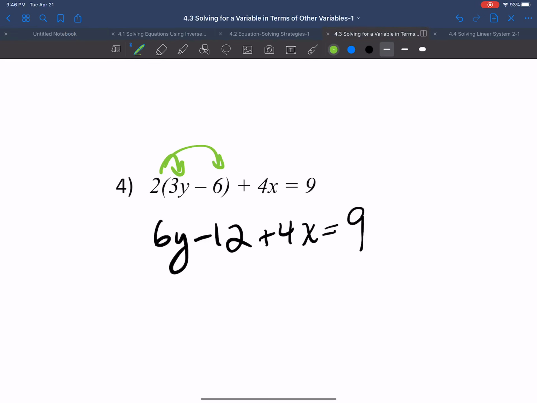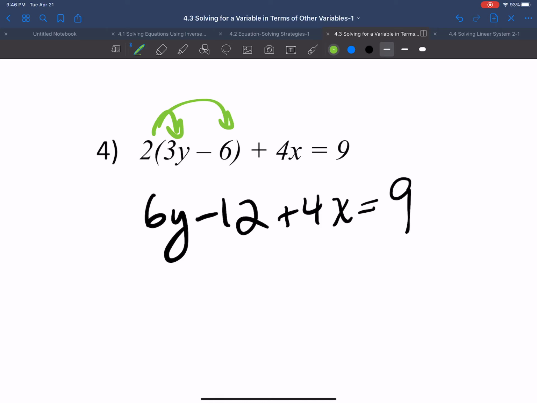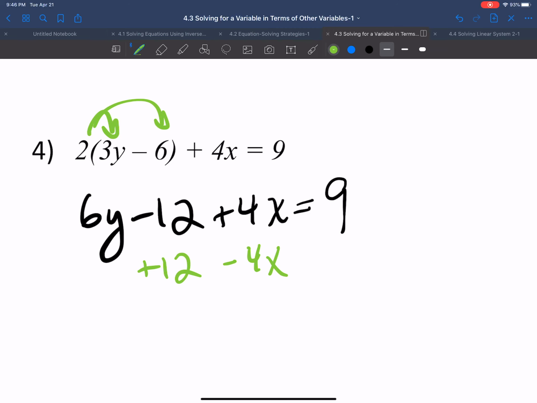So the opposite of negative 12 is positive 12. And I'm going to do it one step at a time. I'm going to do the opposite of 4x. So now on the other side, I have to add 12 and subtract 4x.